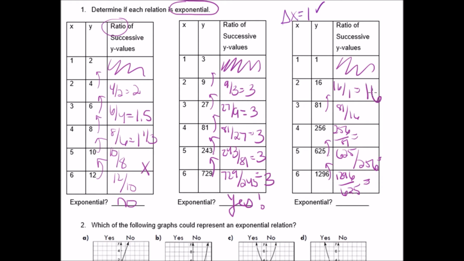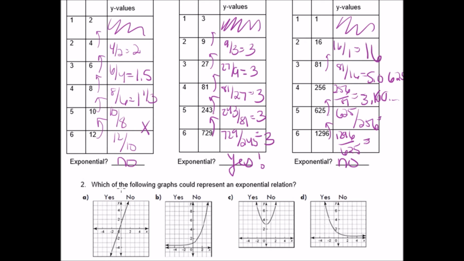Then 81 divided by 16, I get 5.0625. Let's just check one more, and I always do this just in case I made a little error. This one's 3.106160, and so on. So this one is not exponential. Got a little messy here, but that's okay.